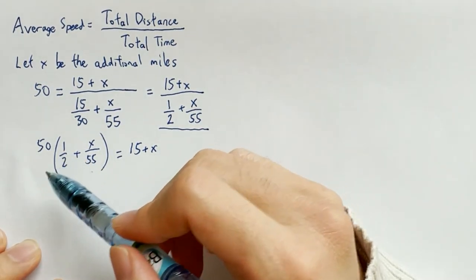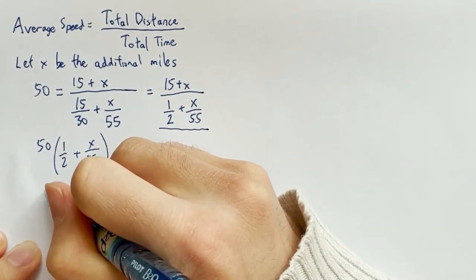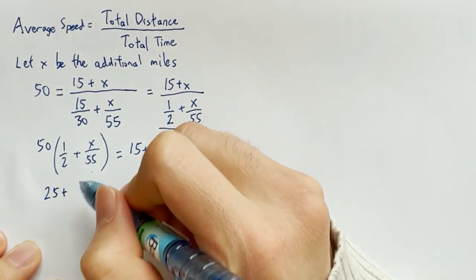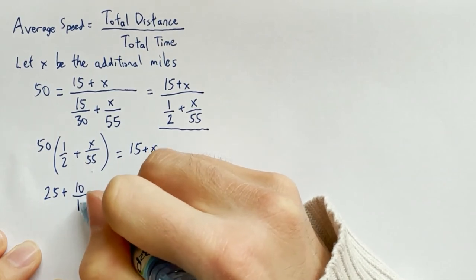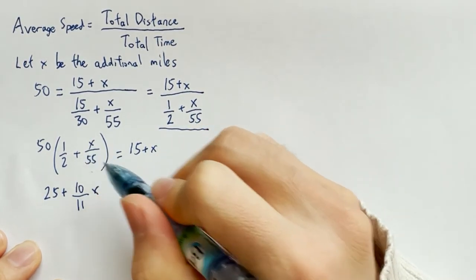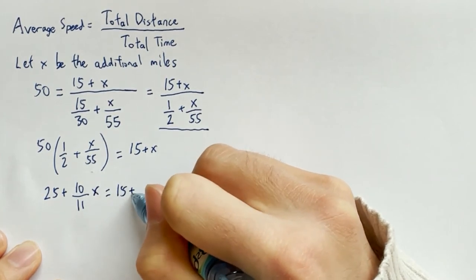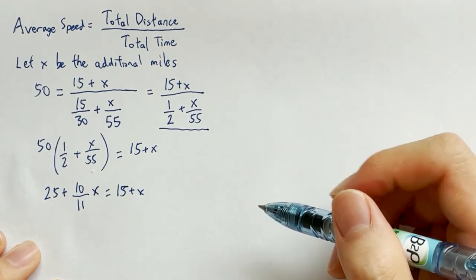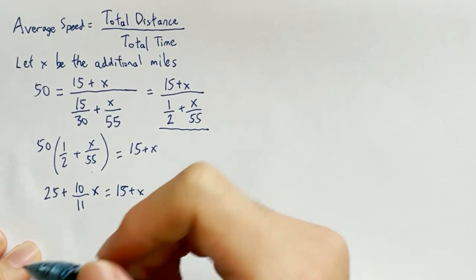And from the left-hand side here, we can expand using the distributive property. So we have 50 times 1/2, which leaves us with 25, plus 50 times x over 55. And 50 over 55, we can simplify to 10 over 11x by dividing through by a factor of 5. And that's equal to our 15 plus x on the right-hand side here. Now, we can subtract 10 over 11x from both sides and also subtract 15 from both sides.